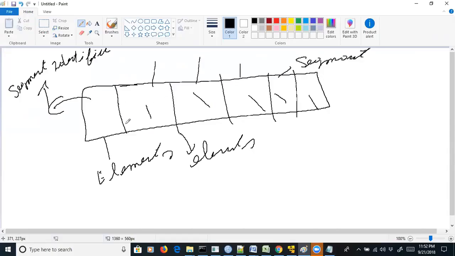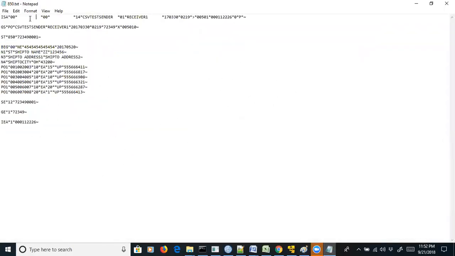Each element is separated with an element separator. The first element and second element are separated by the element separator. In this file, the element separator is an asterisk, but it could be something else also.